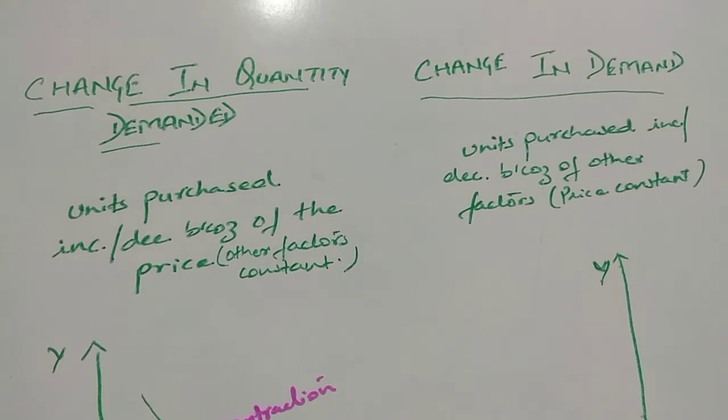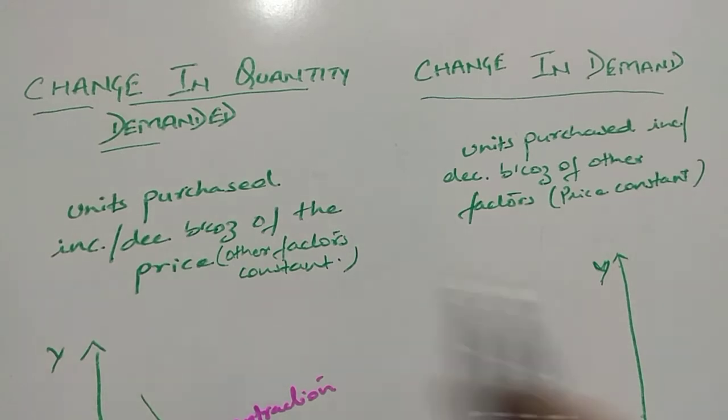We have all done the factors affecting demand. The factors affecting demand are the price of the commodity, the price of related goods, income of the consumer, taste and preference, habits, and expectations about the future. These are the various factors which affect the demand for the commodity.